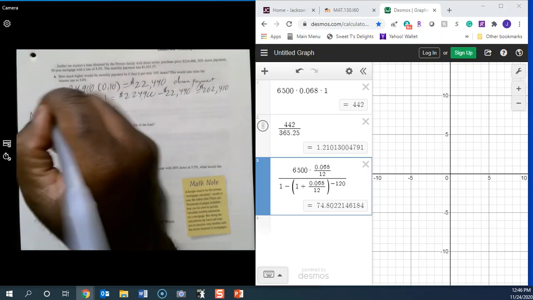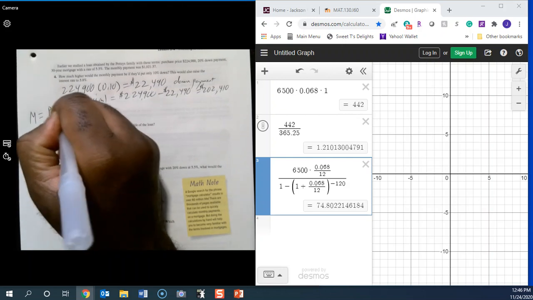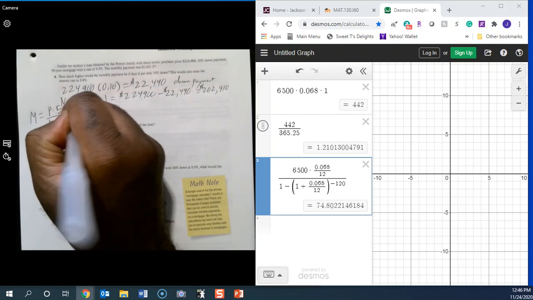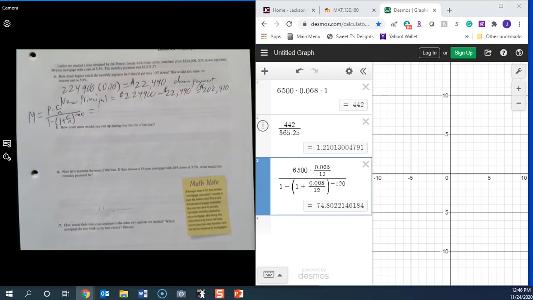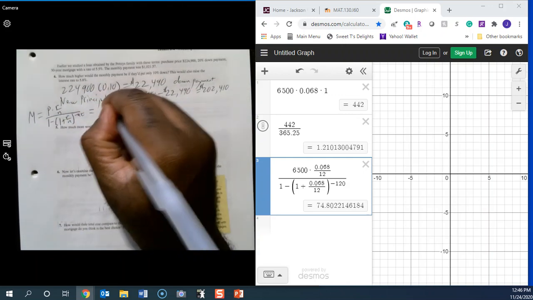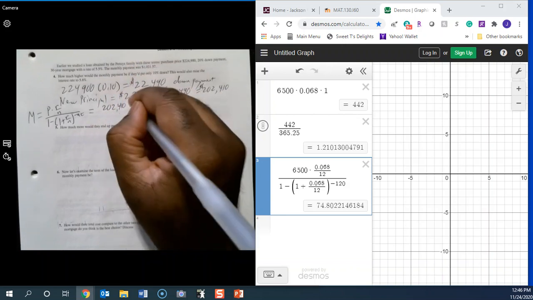Now we want to do our new monthly payment. So we have M is equal to P times R over N divided by 1 minus 1 plus R over N to the negative NT power. Now we're going to substitute. Our principal is 202,410.